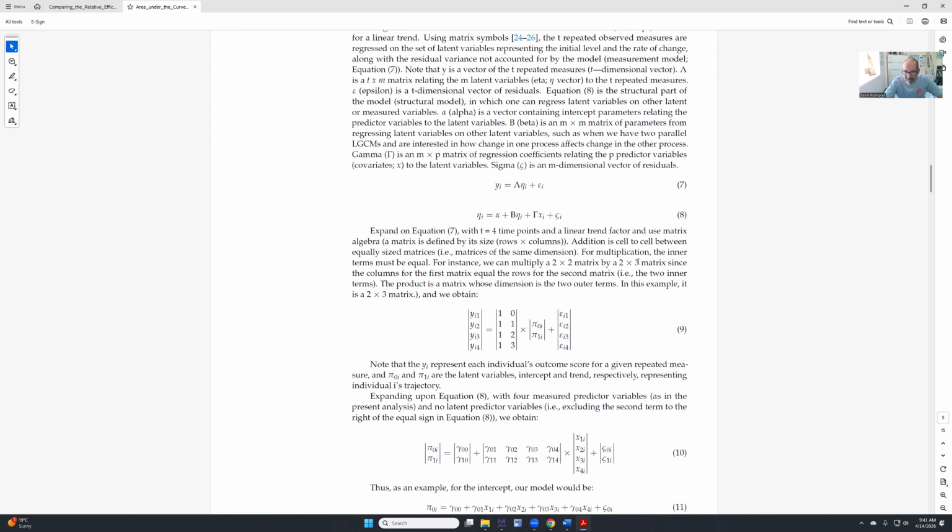This is the outer term. 3 is the outer term here. 2 is the outer term here. So this is 2 rows by 2 columns. This is 2 rows by 3 columns. But the inner terms must be equal, the columns here and the rows here. And then the product would be a 2 by 3 matrix. So the outer terms represent the dimensions of the new matrix.